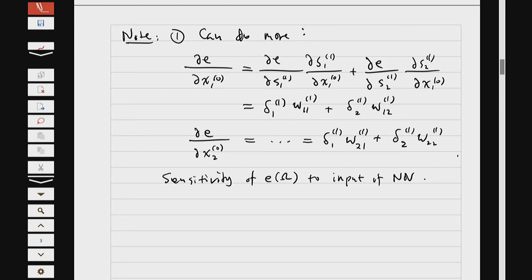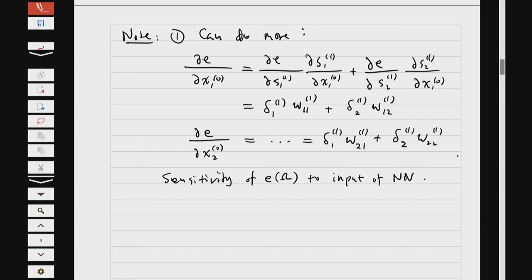Why do we want to find a way to calculate the sensitivity of the error to the input? What is the benefit of knowing that? Or in other words, when we design a neural network, why might you want to know whether your neural network is sensitive to the input or not?